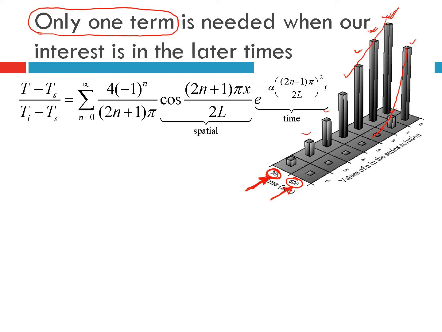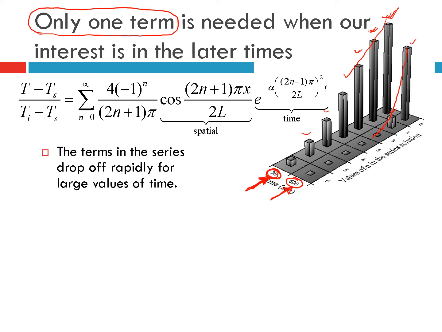And this is the reason that for large values of time, I don't care about these terms. I only need this one, because the other terms, for n equals 1, n equals 2, n equals 3, drop off so rapidly that I can keep only the first term in the series.